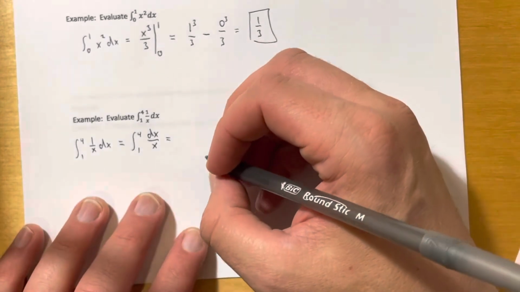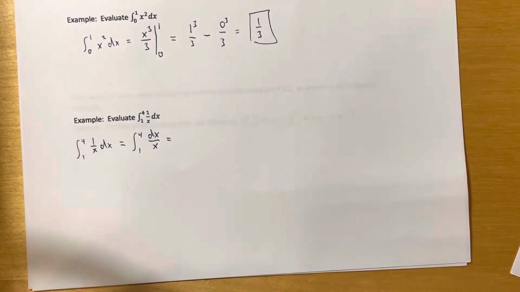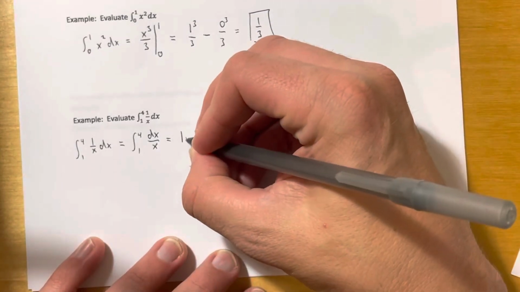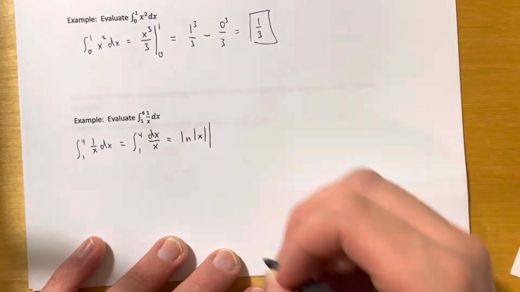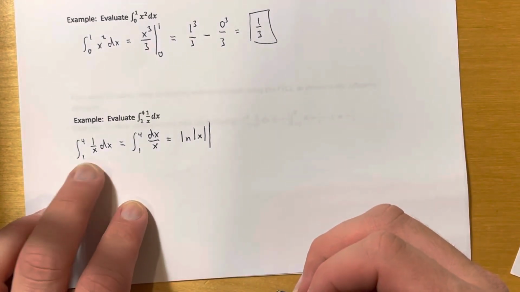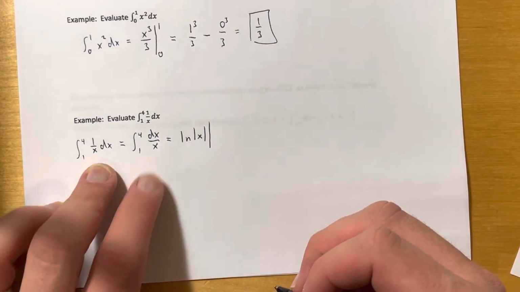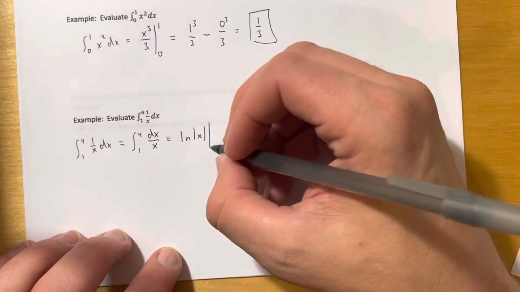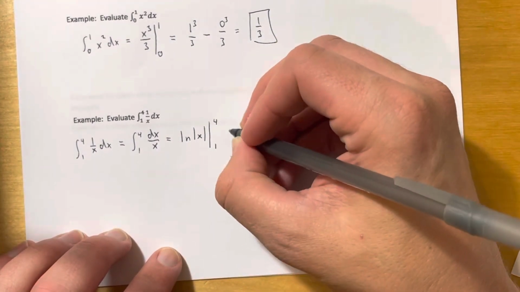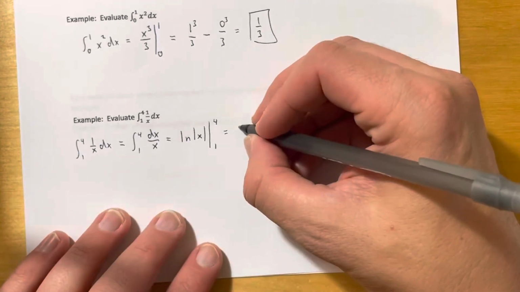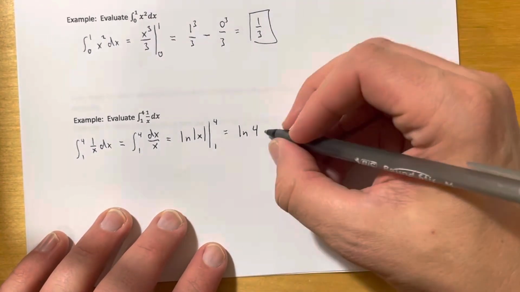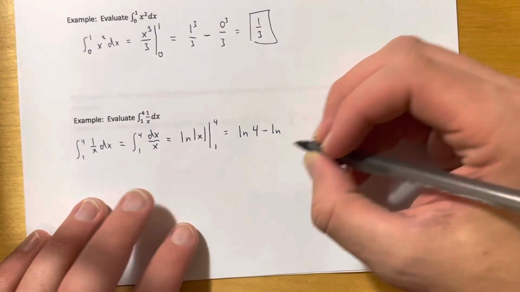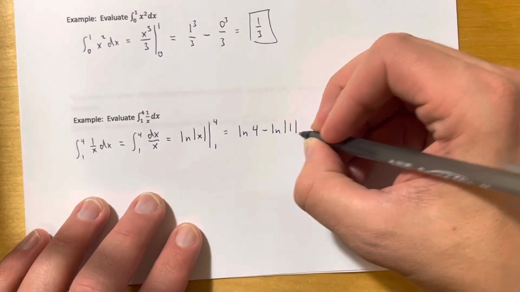But what is this equal to? Well, I need to find an antiderivative of 1 over x, and we have one. We know that the natural log of the absolute value of x is an antiderivative for this, because the derivative of that is 1 over x. I'm going to evaluate that from 1 to 4, which means the natural log of the absolute value of 4, which is really just that, minus the natural log of the absolute value of 1, which is just that.